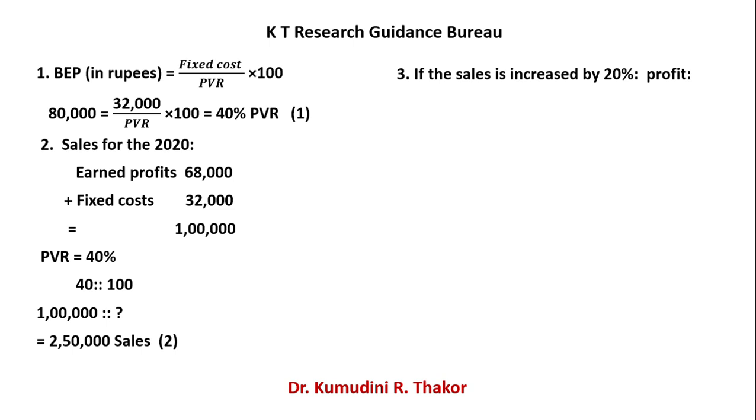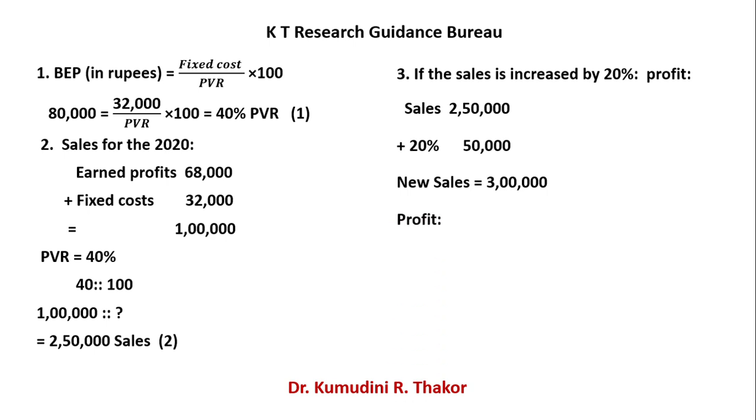So obviously, easily you can find out new sales. New sales equal to 2,50,000 plus 20% equal to 50,000. So 2,50,000 plus 50,000 is equal to 3 lakhs.